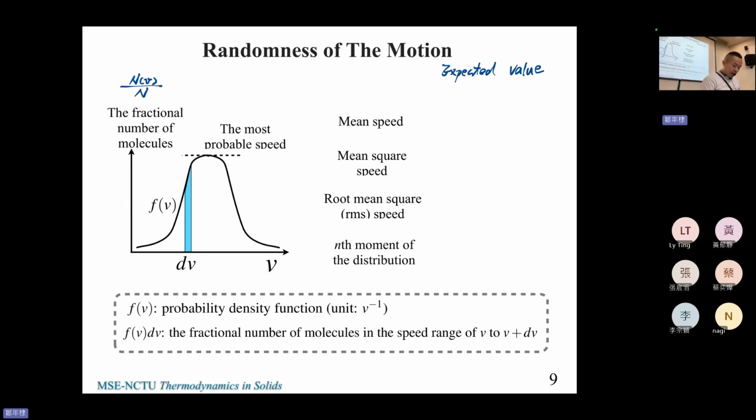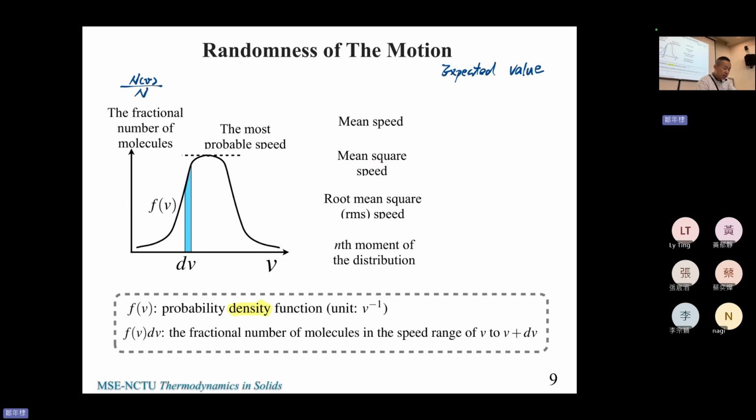All right? And the very, very important thing is that this is f(v), called the probability density function. This is density. This is not probability. This is probability density. Okay? What does that mean?